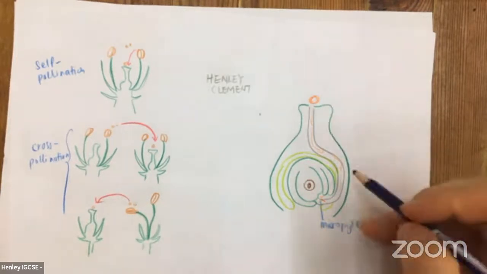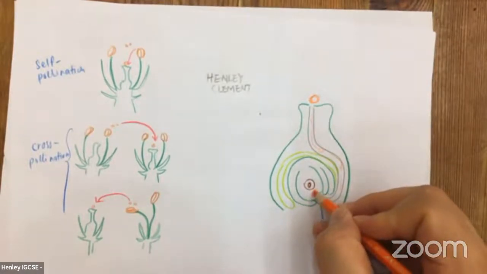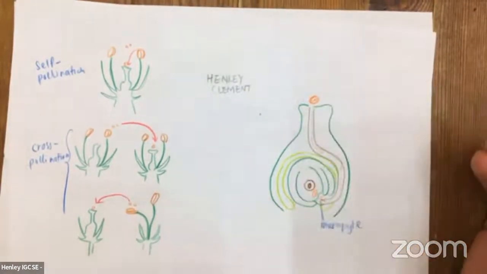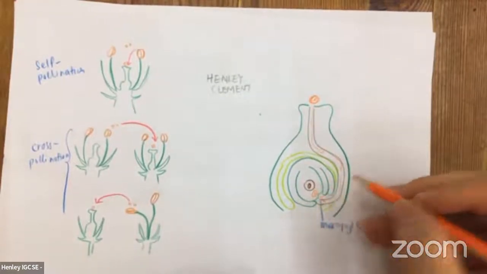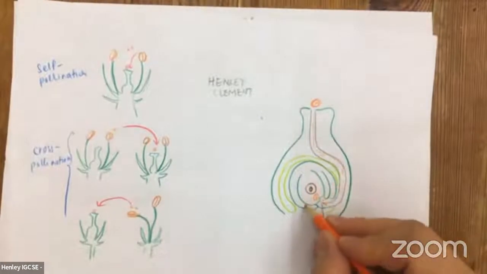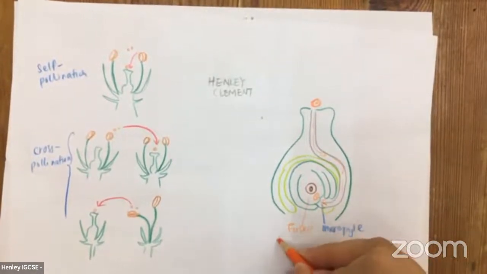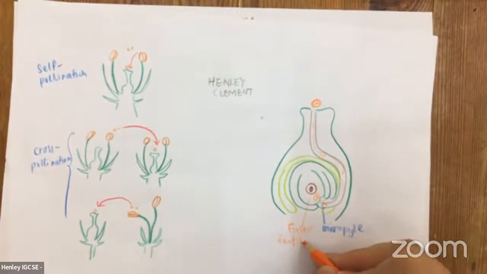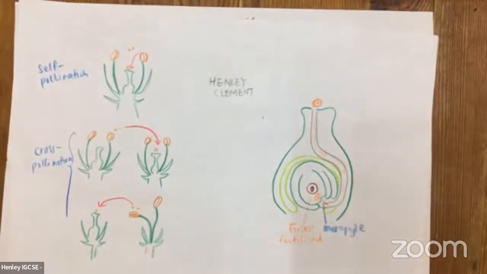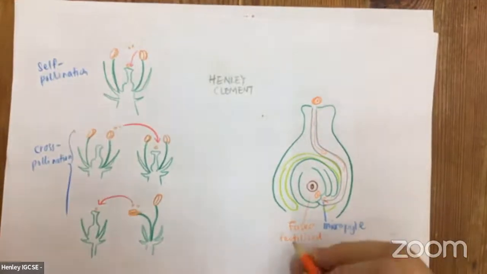So the whole process, after going in, this pollen will end up here with the nucleus. They will fuse together. Fuse means that they combine. They will be fused here, or we can call it fertilize, to produce a new structure.